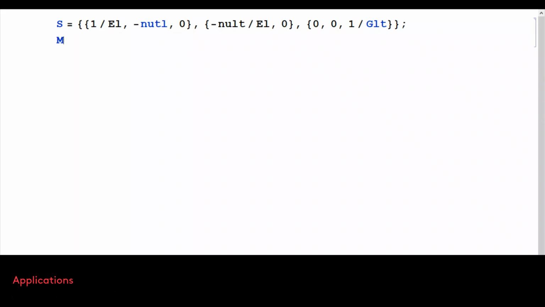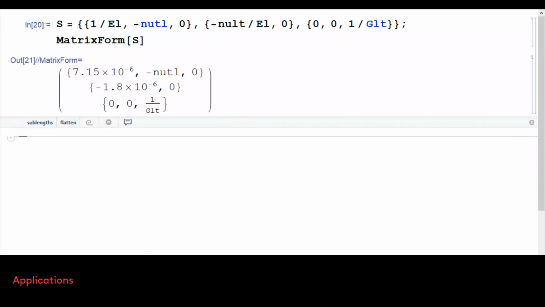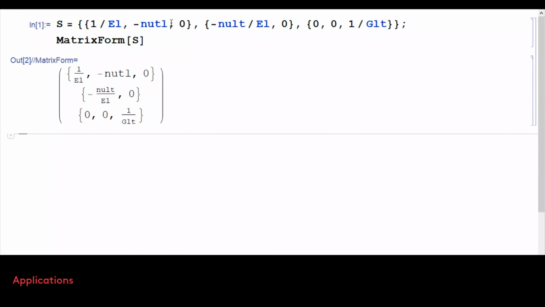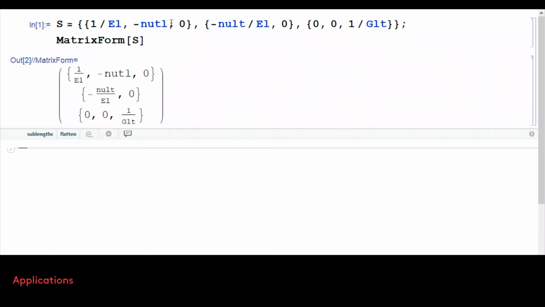Let's see it in a matrix form. I have something in the memory. Let me clear the memory of the Mathematica. What's the problem?